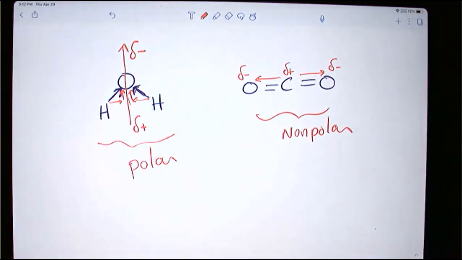What if there were 2 polar bonds in the molecule, but they were not identical? One was a stronger dipole, the other was a weaker dipole. Then it would have to be polar, wouldn't it? Because if there's only 2 dipoles in the molecule and they're not equal, they could not possibly cancel each other out, could they? Because they're different.